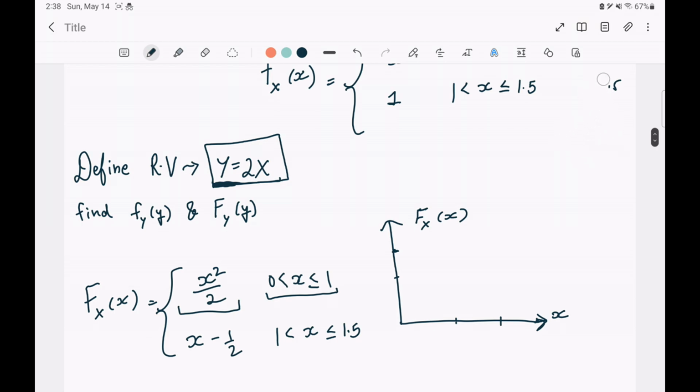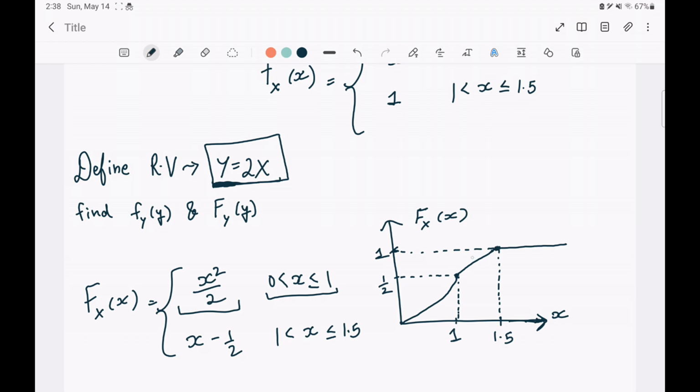Let's also map it on a graph. So this is 1, this is 1.5. It increases in a quadratic way like this till it reaches the value half, and then it starts increasing linearly till it reaches the value 1, and from this point onwards its value would be constant at 1.